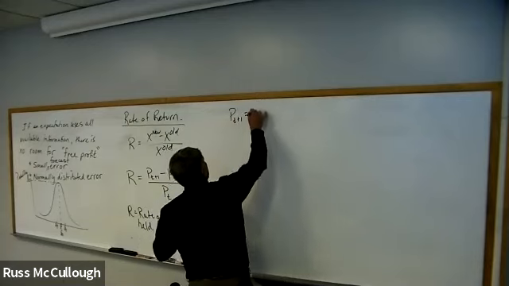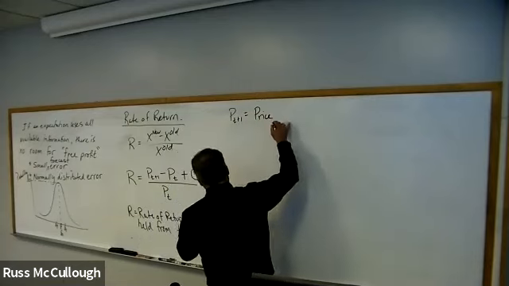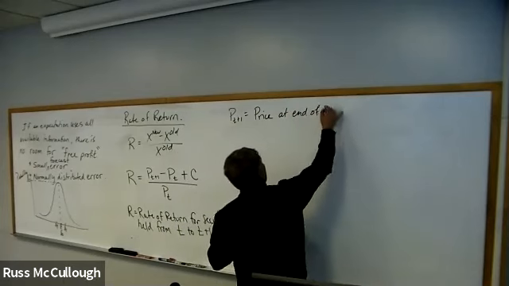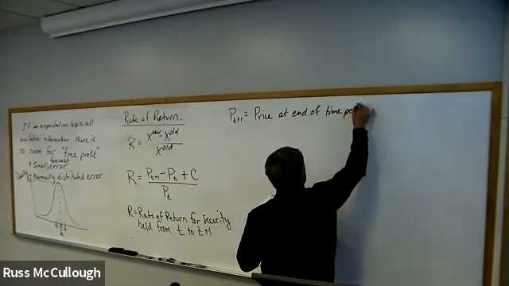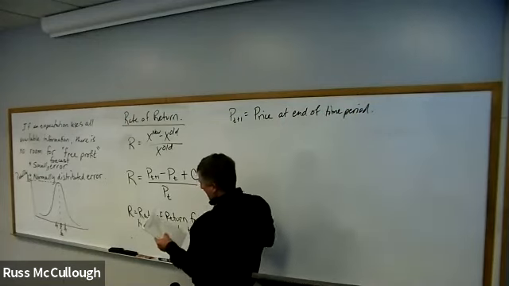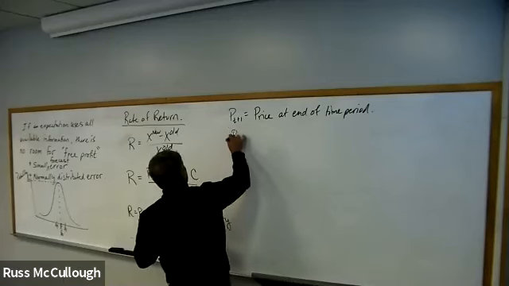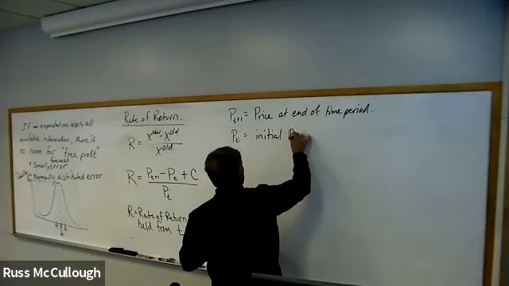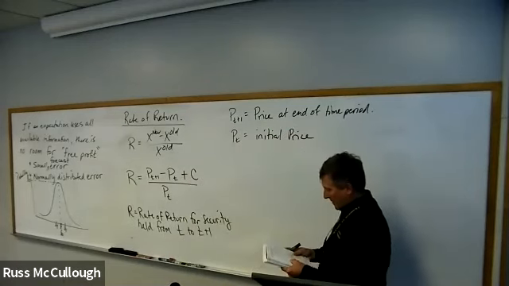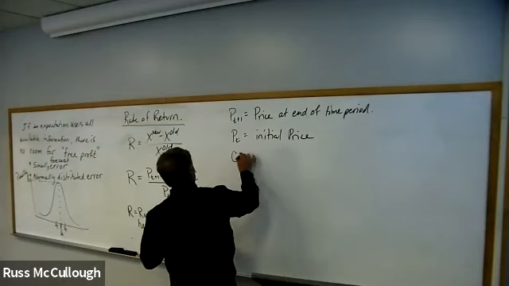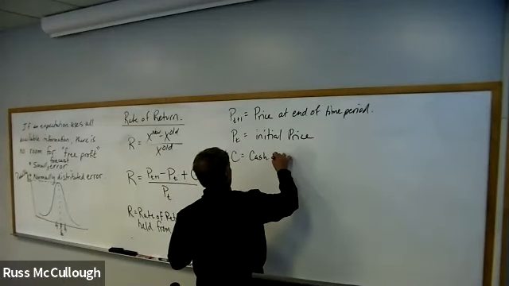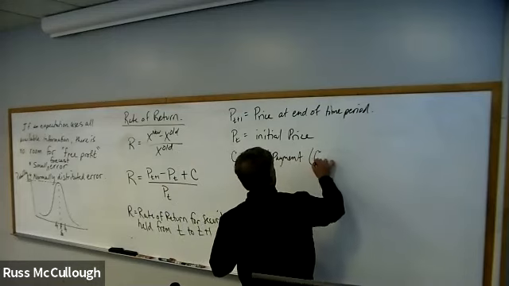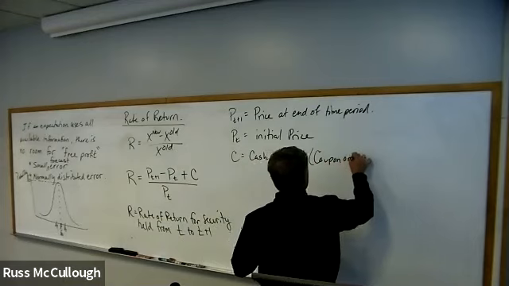P_{t+1} is the price at the end of the time period, because we're only doing one period out. P_t is the initial price of the security, what we bought it at. And then C is some sort of cash payment during the hold time. So this would be a coupon or dividend.